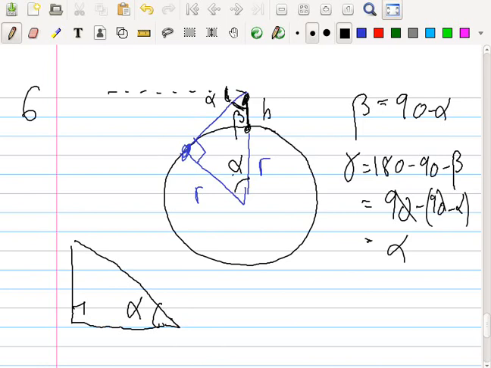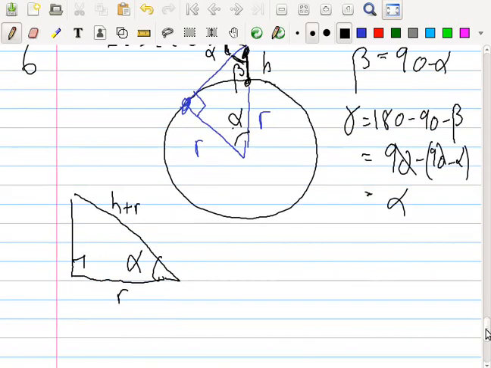How big is this hypotenuse here? H plus R. And how big is this piece here? R. Now, we have the hypotenuse and we have the adjacent.